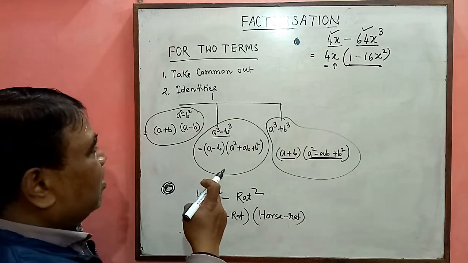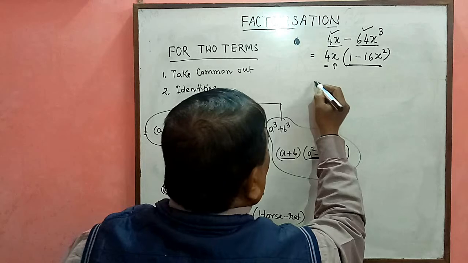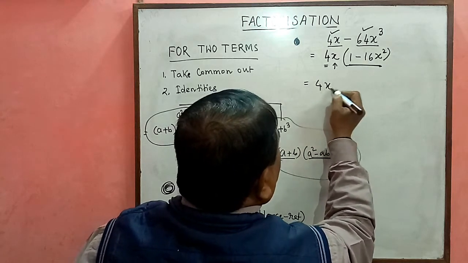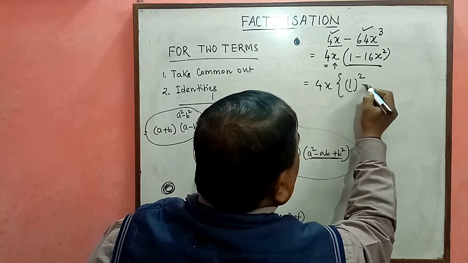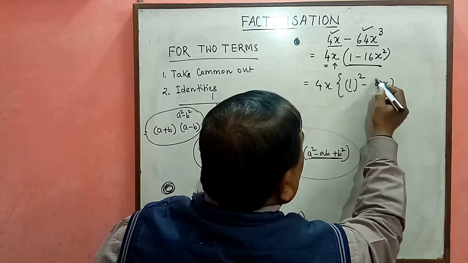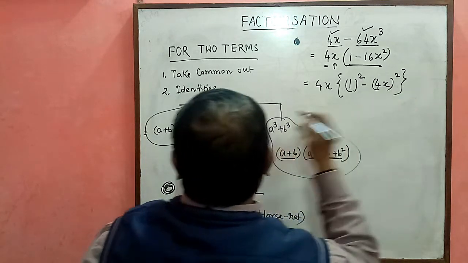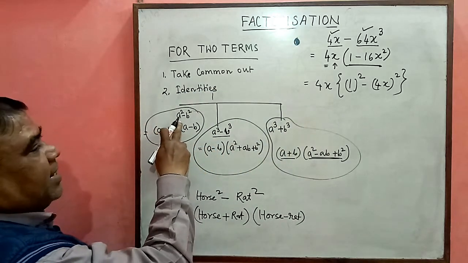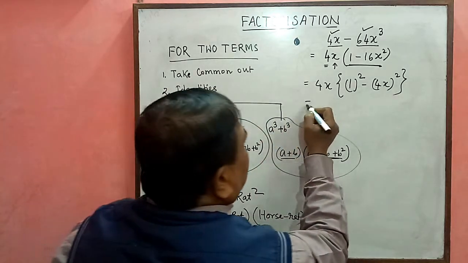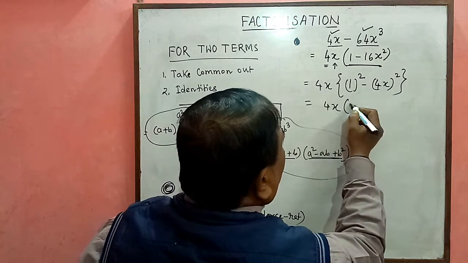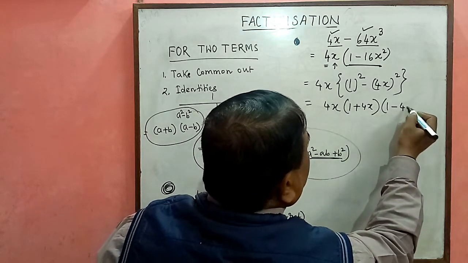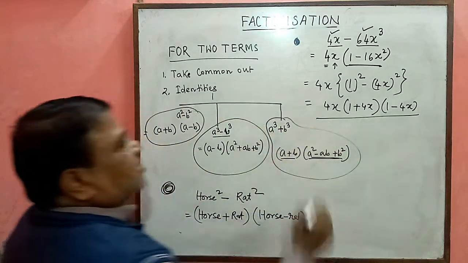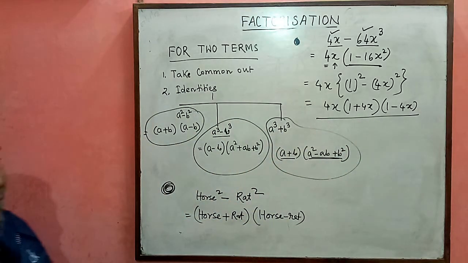You see, now we can convert this one into a square and this is also a square. So again we have this identity here, a square minus b square. So this is your 4x, first one plus second one and first one minus second one. This is the answer. This way we have factored.